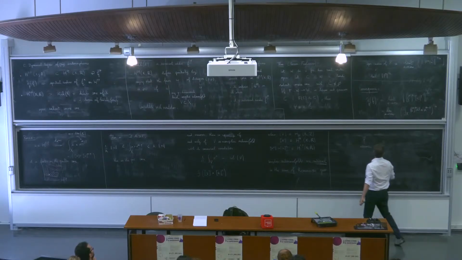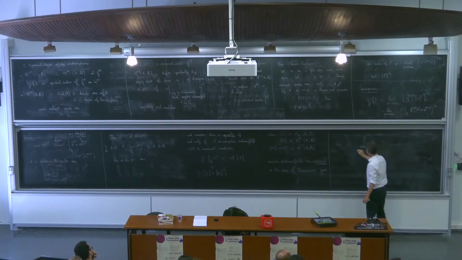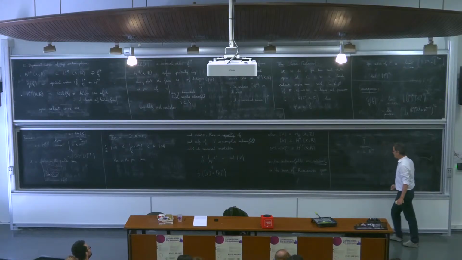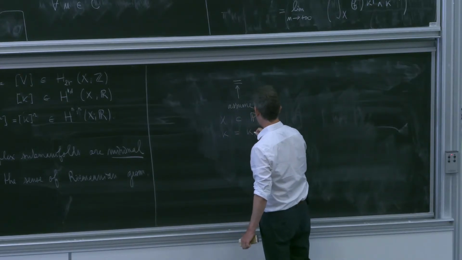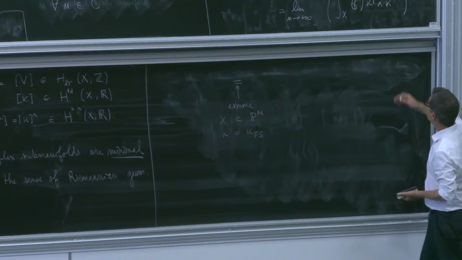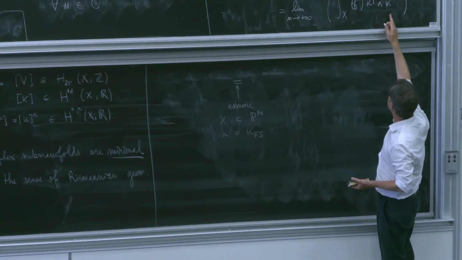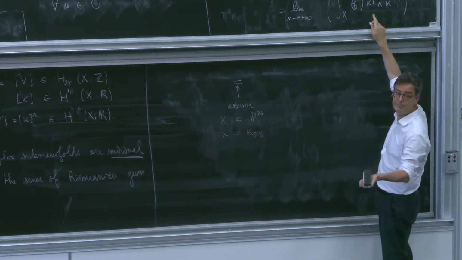So now I will write this formula again, assuming that X is in some projective space, and kappa is just the Fubini-Study metric. As I explained, in that case, you can replace kappa by hyperplane sections, by hyperplanes in P^N.